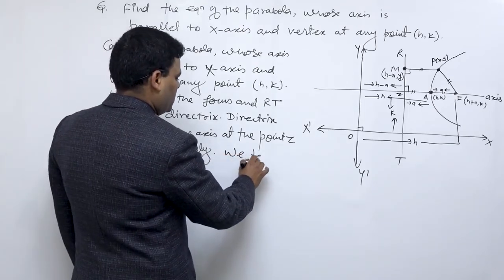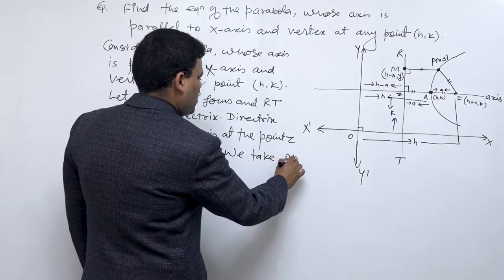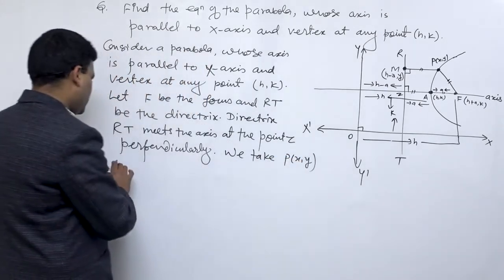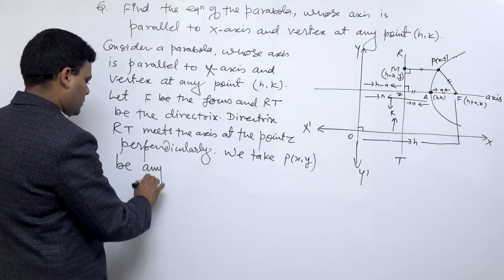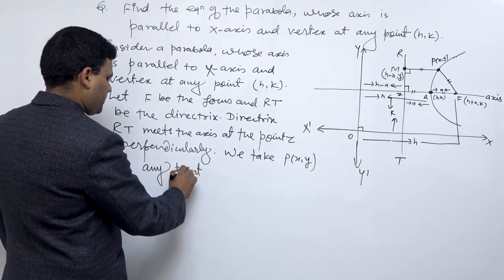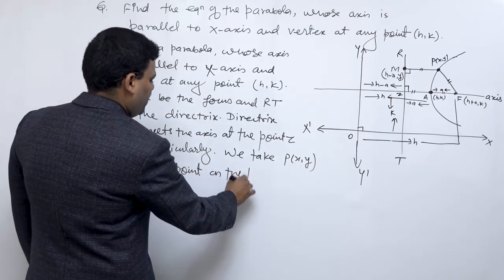We take P(x, y) to be any point on the parabola.